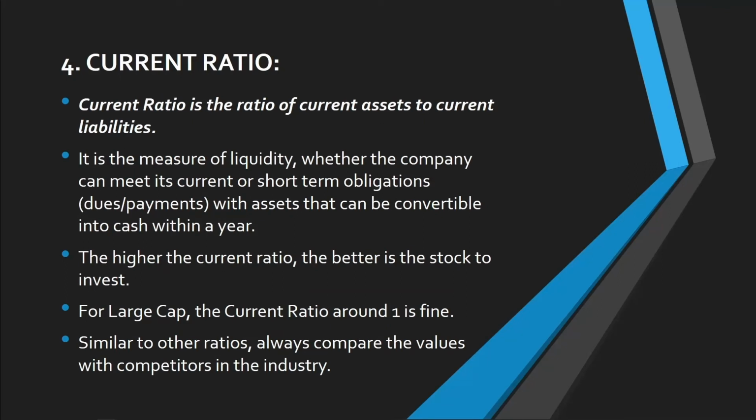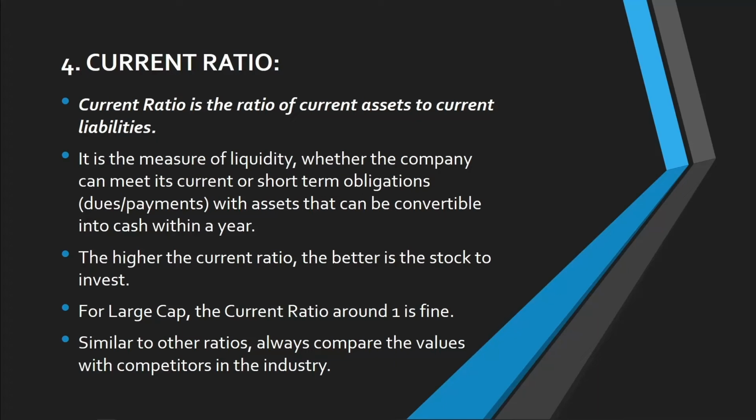Next one, number 4, current ratio. Current ratio is the ratio of current assets to current liabilities. It is the measure of liquidity, whether the company can meet its short-term obligations like dues and payments with assets that can be converted into cash within a year.